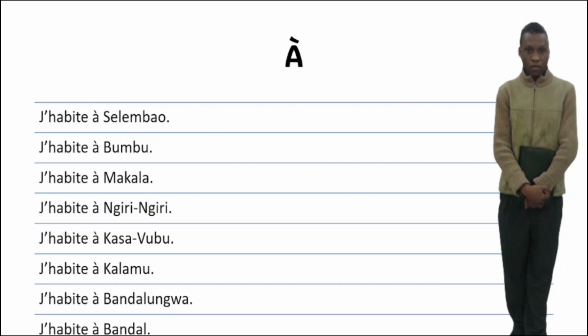So come here. J'habite à Selembao, j'habite à Bumbu, j'habite à Makala, j'habite à Ngiringiri, j'habite à Kasavubu, j'habite à Kalamu, j'habite à Bandalungwa, j'habite à Bandal. I just cut it from here, that's why it's shorter.